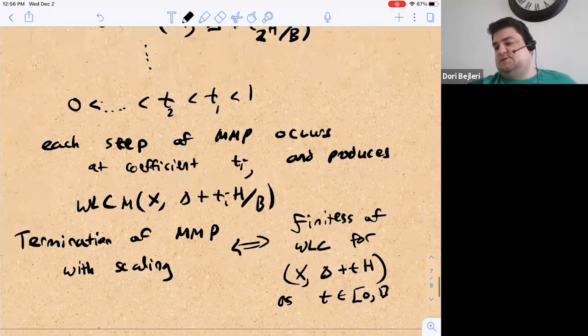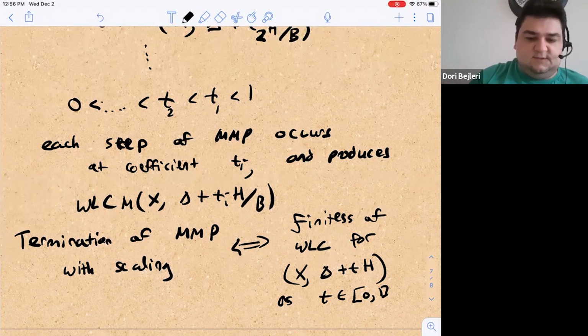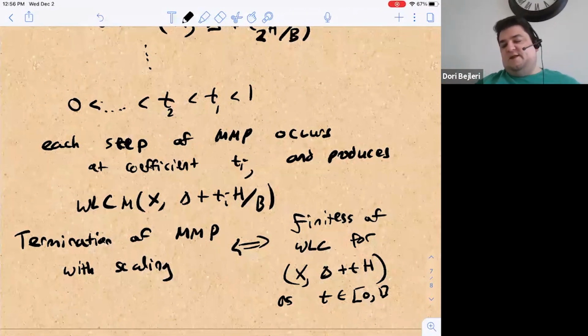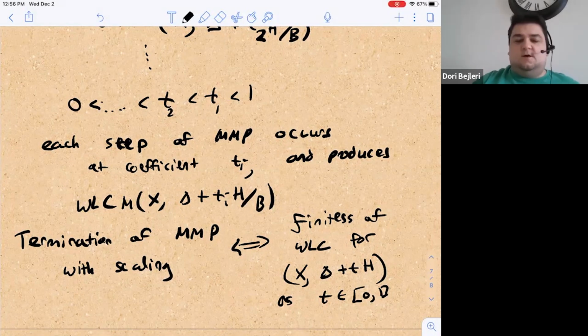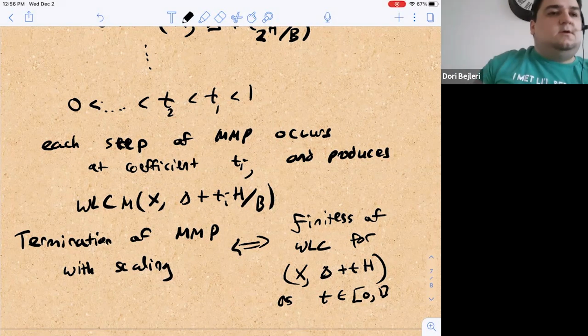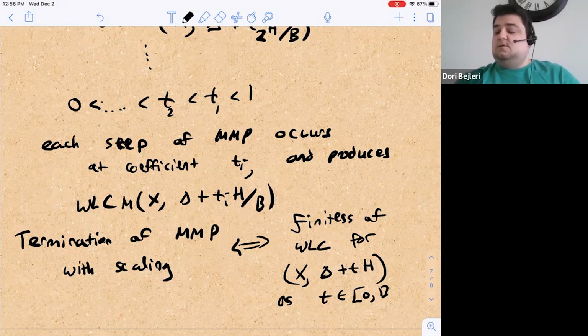And so this is a strategy that BCHM employ. One of the many things they prove, which I'll summarize in a second, is finiteness of these models, and that's one of the steps in proving existence of minimal models. Okay.